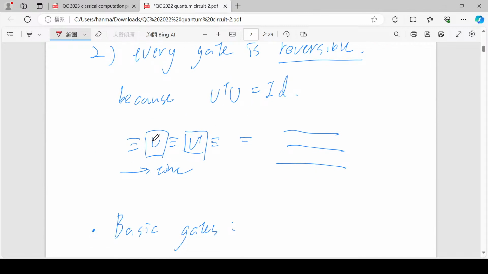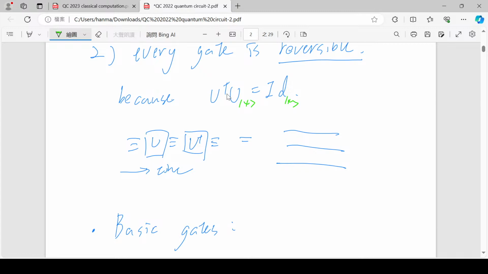You have a U dagger here, and it looks like U dagger U, but this is actually the same as this, because time flows from left to right when we write the circuit, but when we multiply this on some state psi, we actually resolve this right to left. So there is this reverse ordering. I think it's a little confusing, but it's just a notation thing. Be careful, don't confuse yourself.